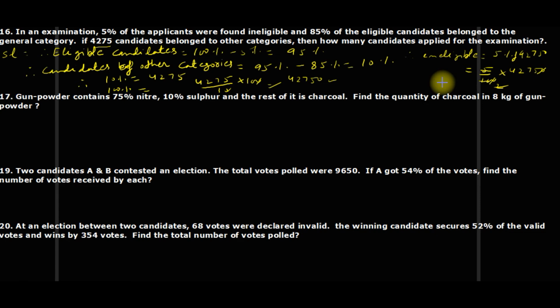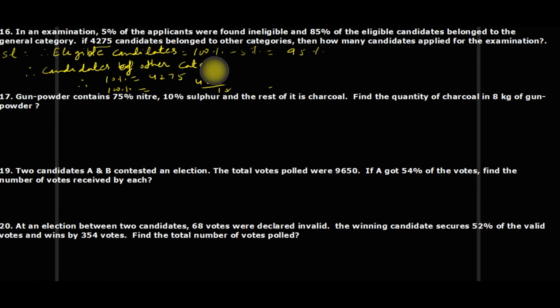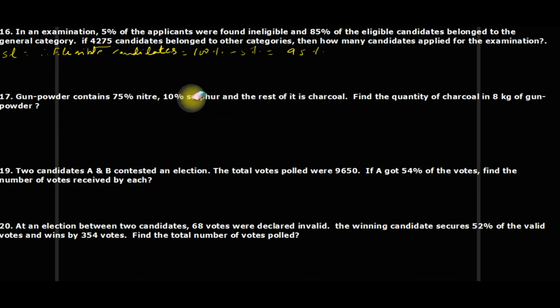What has happened here? 95%. He has written 85% of the eligible candidates. Oh, sorry. Therefore I have mistaken it. So we will rub it here. Also rub it here. Now eligible candidates are 95%, right?